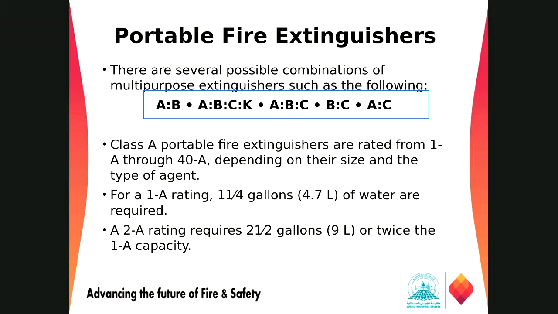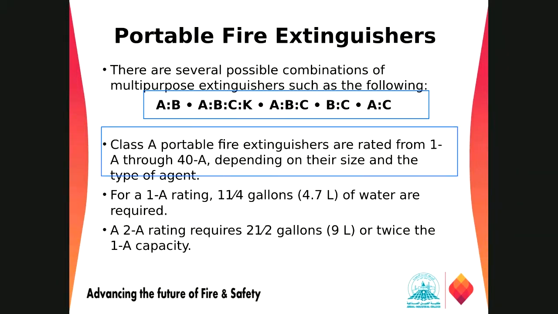Class A fire extinguishers are rated from 1A all the way to 40A. A single 1A means 1.25 gallons, which is 4.7 liters, and 2A means two times that, around 9 liters, right? So twice the capacity of the first one.